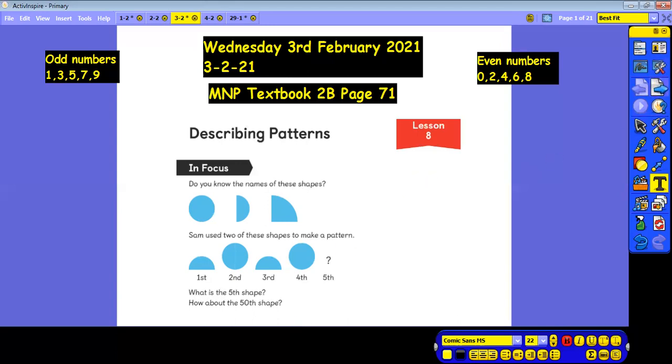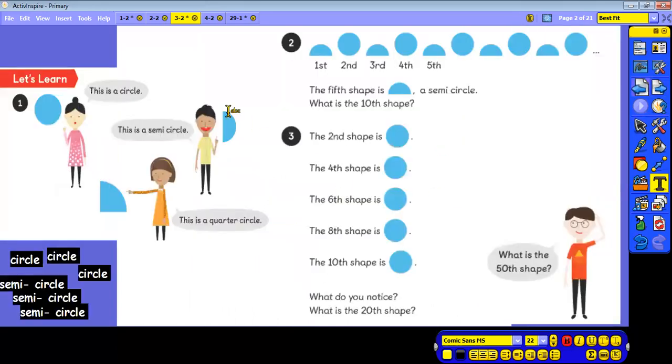Let's work this out together. So here we've got Ruby telling us that this is a circle. We've got Ravi telling us this is a semicircle, and Amira confirming what Mrs. Eade said, that this is a quarter circle. And then in part 2 of Let's Learn, we're told that the 5th shape is a semicircle.